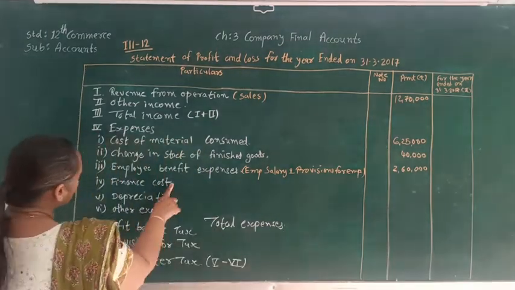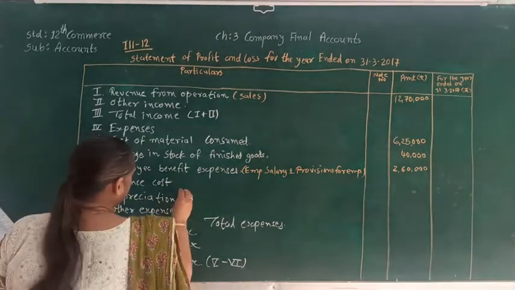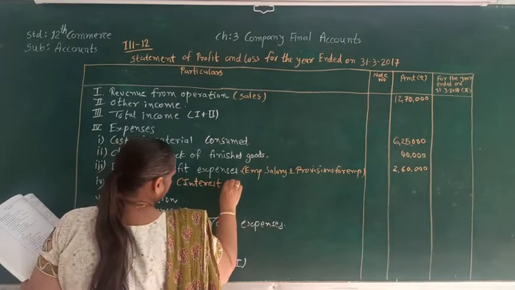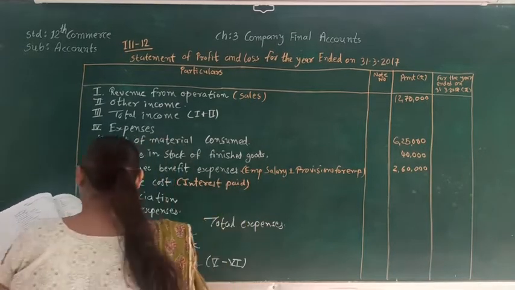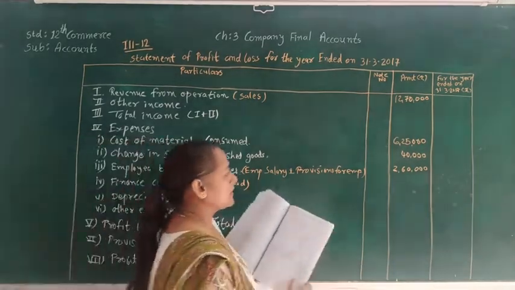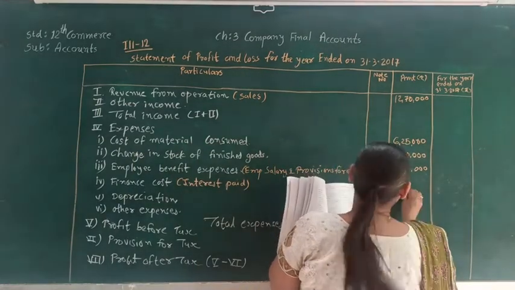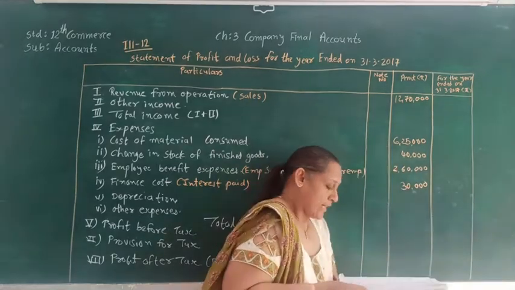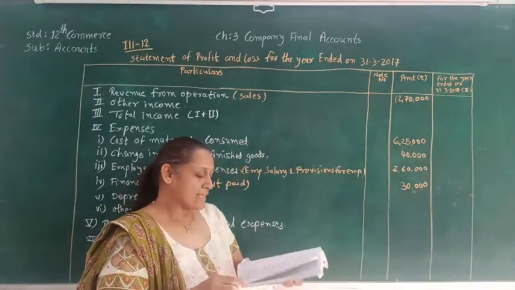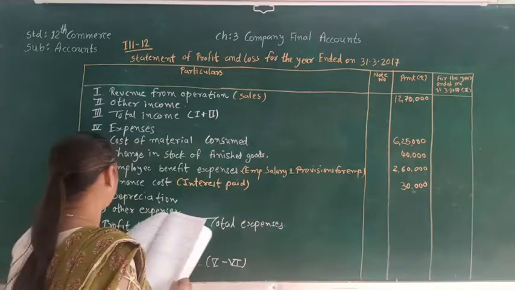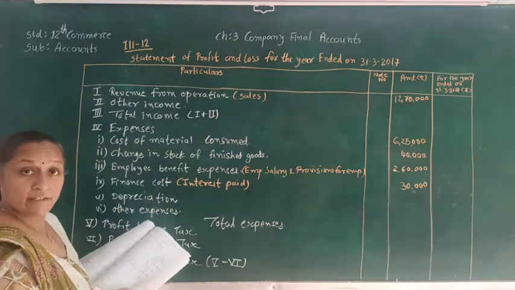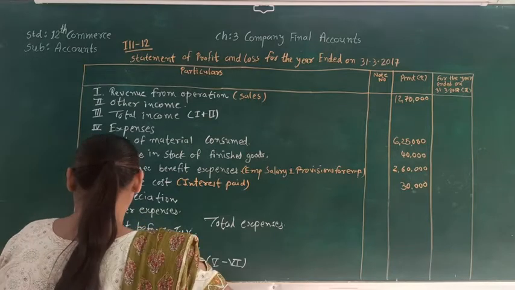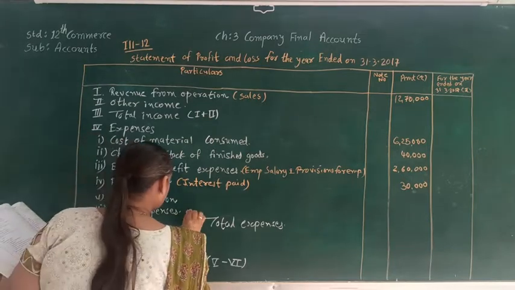So it will fall under finance cost. The amount of interest paid is 30,000. So we will write over here 30,000. Then office and sales expense. That will be treated as other expense, and we will write under the head other expense, office and sales expense.